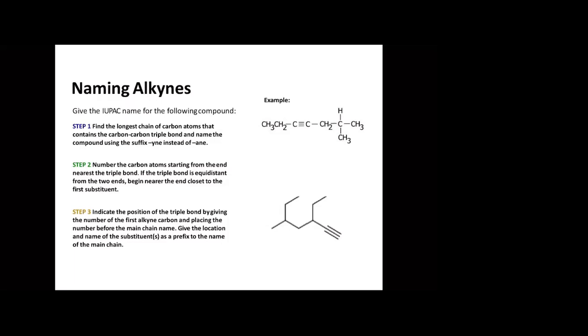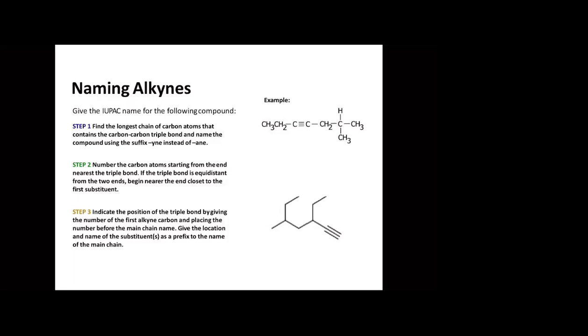None of the examples that I have right here on the right side express that, but keep in mind that that can happen in alkynes also. If you have an equidistant alkyne, that just means that regardless of the direction of your numbering, your alkyne is always in the same position.